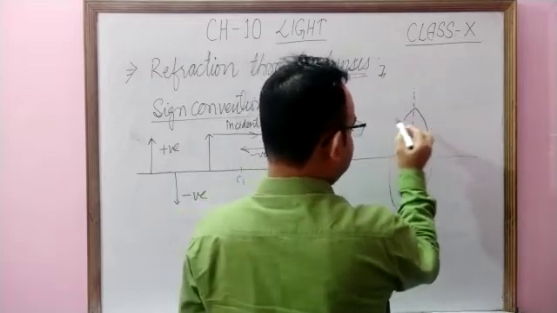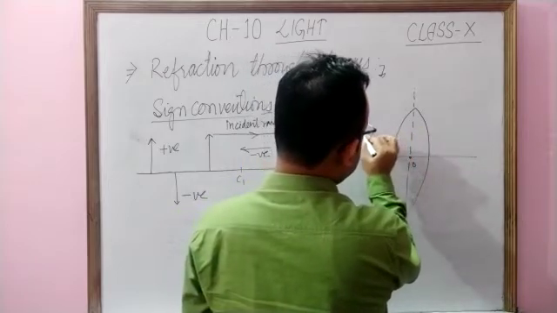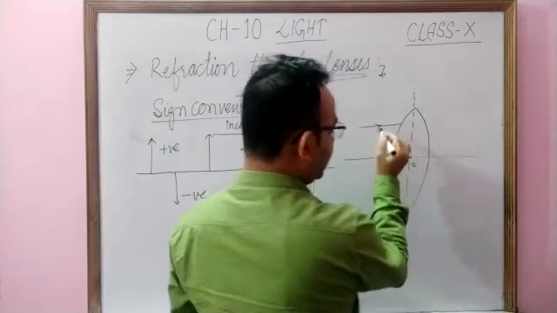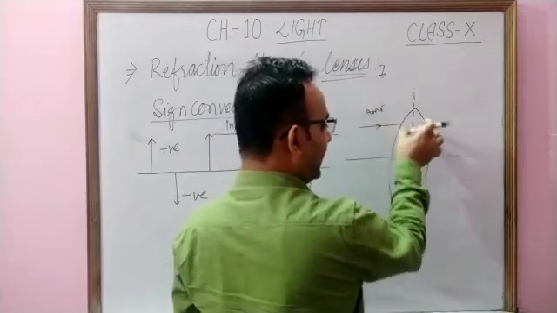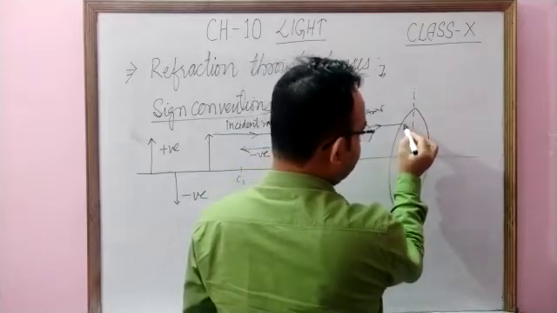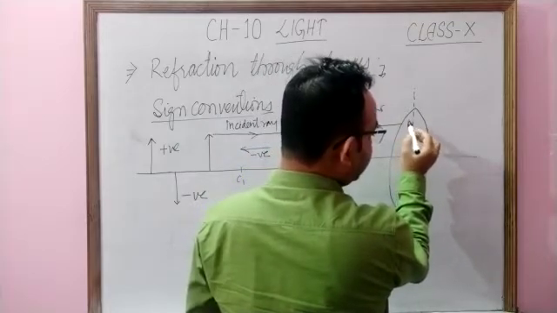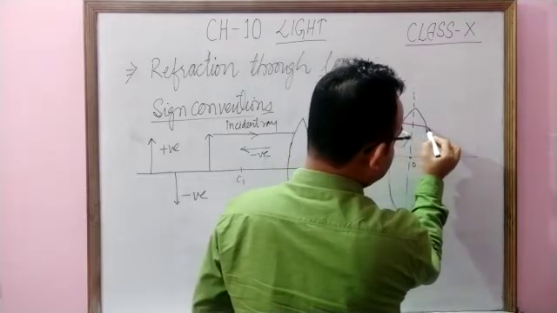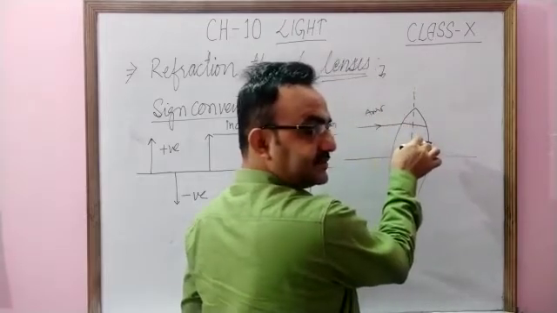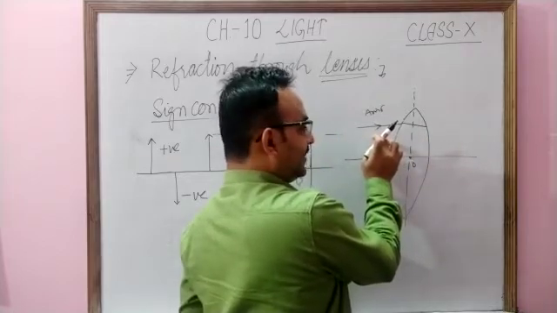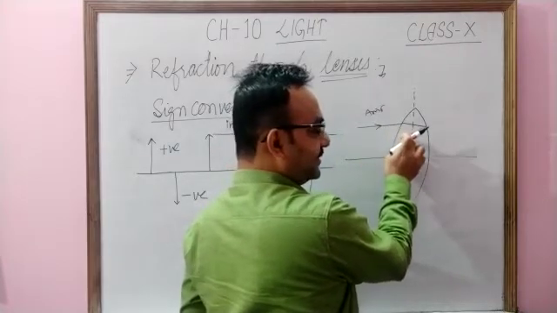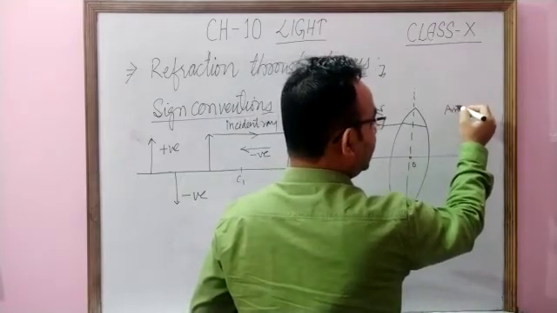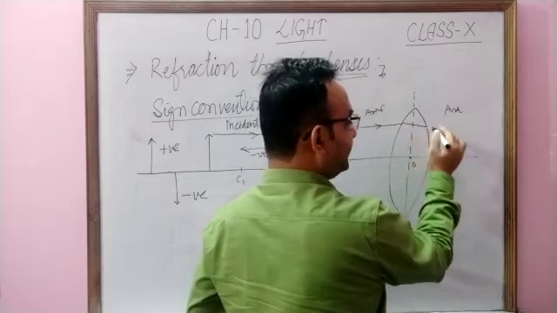Suppose that this one is incident ray. First of all, this is air and this one is glass. It will refract within the lens, because ray of light enters from air to denser medium, then again the light is coming in air from the denser medium.